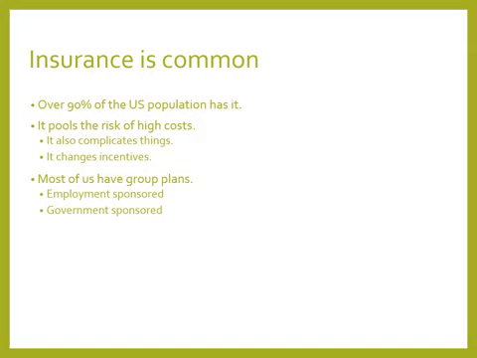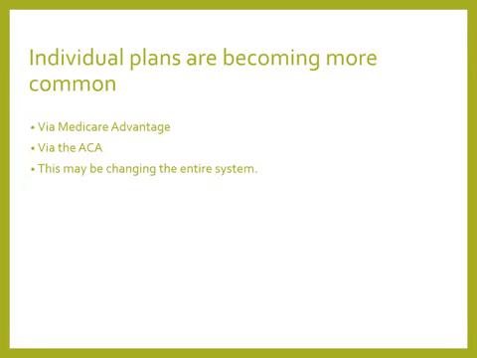And we've had insurance since the end of World War II, if I recall correctly. Most of us have group plans or employee sponsored plans or government sponsored plans. Individual plans are becoming more common via Medicare Advantage and the Affordable Care Act, and this may be changing the entire system on what we pay and how we're paying for it.